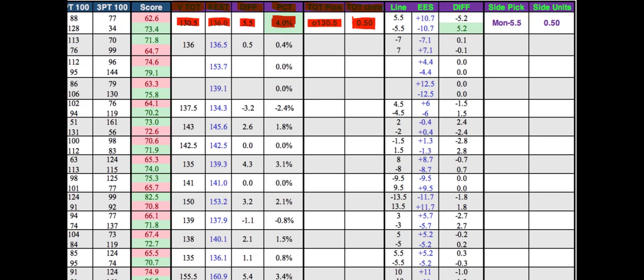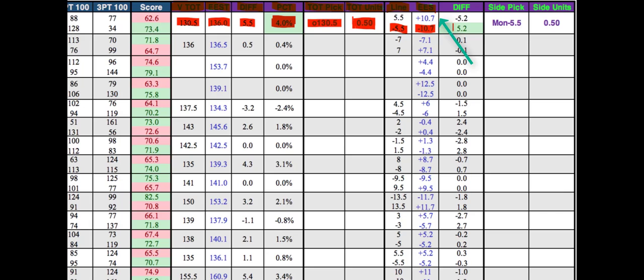So that's for totals. For the lines, here we have what the Vegas line is. They have Monmouth at a 5.5 point favorite. This is our column, EES. We have them at a 10.7 point favorite.